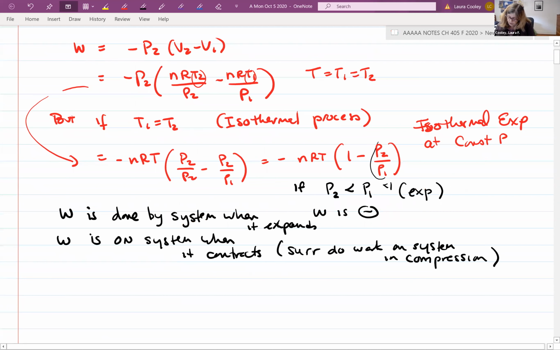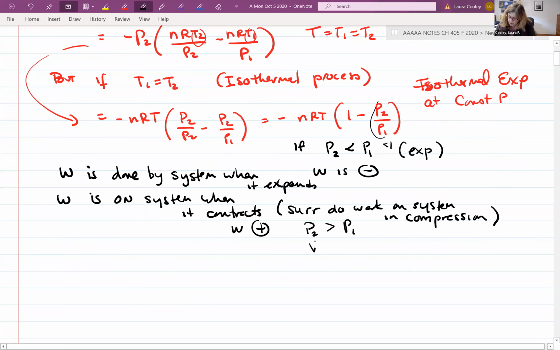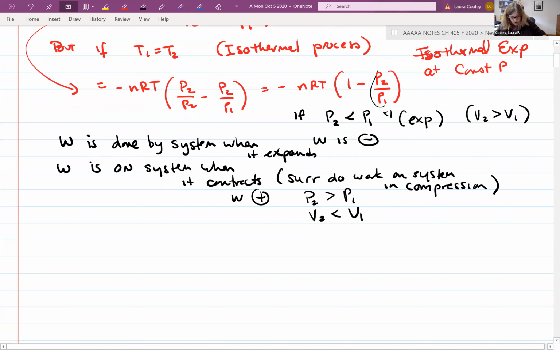In that case, of course, the work would be positive because P2 would be greater than P1, corresponding to V2 being less than V1. Okay, just to get the language straight on that.